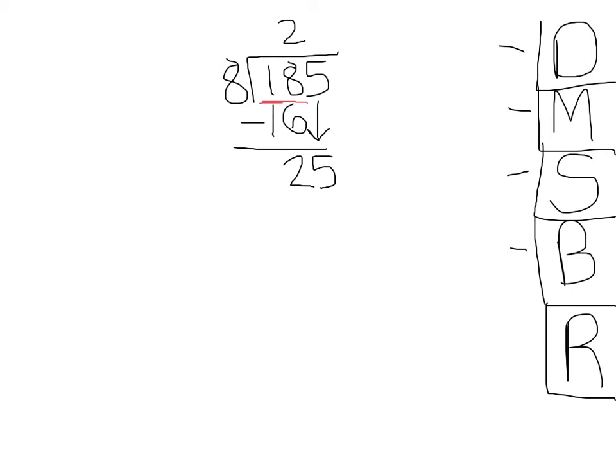So we look at 25 and we think, what's the maximum amount of times that 8 can go into 25? We know that that's 3. Now we have to multiply. 8 times 3 is 24. So I'm going to subtract. 5 minus 4 is 1.